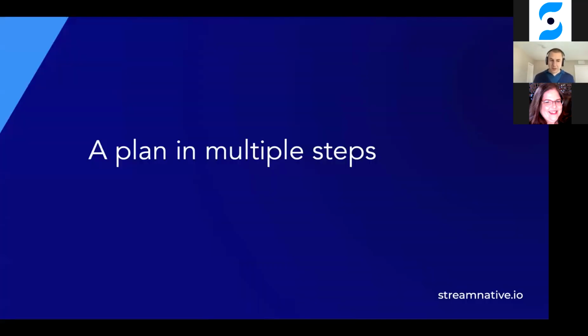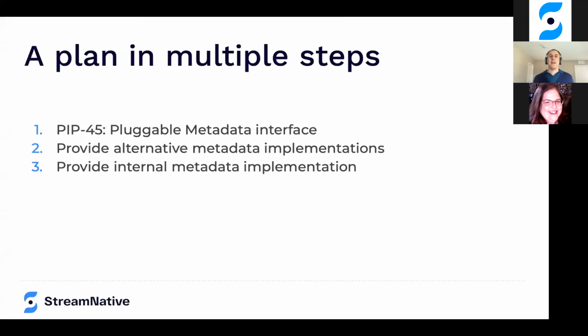So this was the problem statement here, and we thought about this for quite a while, and we defined several months ago a plan with multiple steps. The first step is to make sure that all the interactions are going through a single unified API that can be plugged with multiple implementations. The second step is to provide alternative implementations.